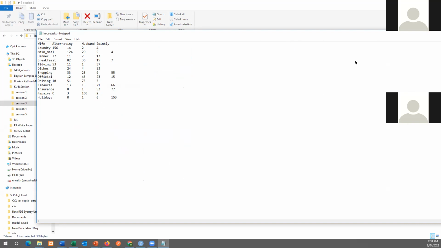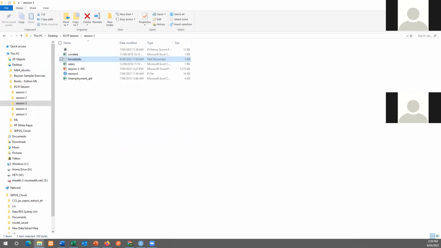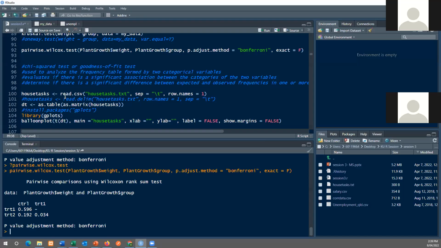Somebody gave me a text file like this, and I am loading the text file. How can I load it? It's the same command, read.csv. Although it is a text file and not a comma separated file, the function is read.csv. But here I am providing the separator, sep. By default, the sep is a comma, but since the data here is separated by tab, that is the format I have to read.